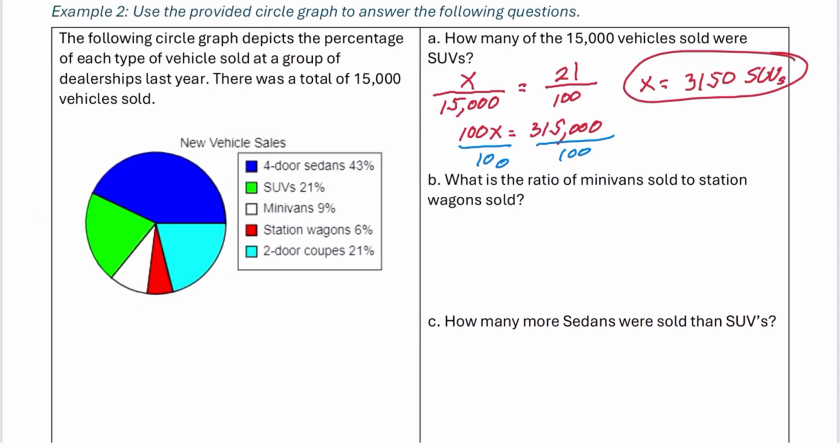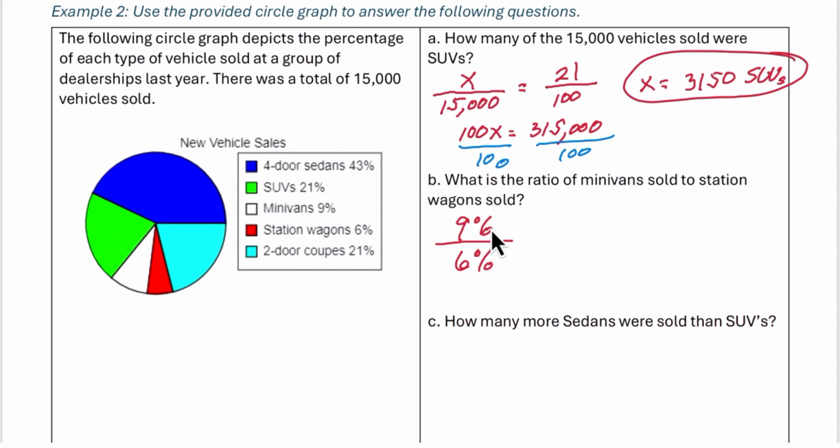In part B, what is the ratio of minivans sold to station wagons? Minivans, we have 9%. And station wagons, we have 6%.